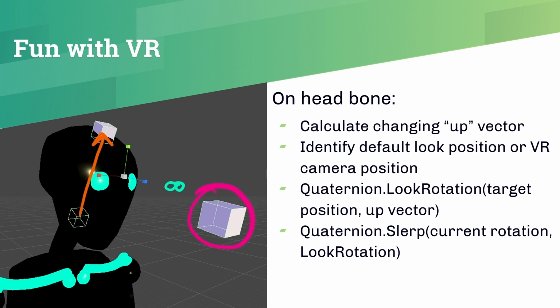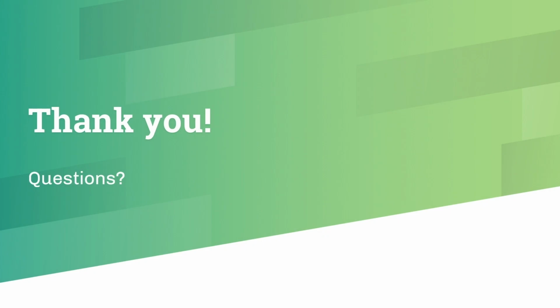And so I would calculate those rotations, and I would interpolate between its current rotation and the rotation I wanted it to go to. And that's how it looks at people and looks away from people. So that was a fun little thing I did. That hits all the notes of my technical challenges I faced with this project.